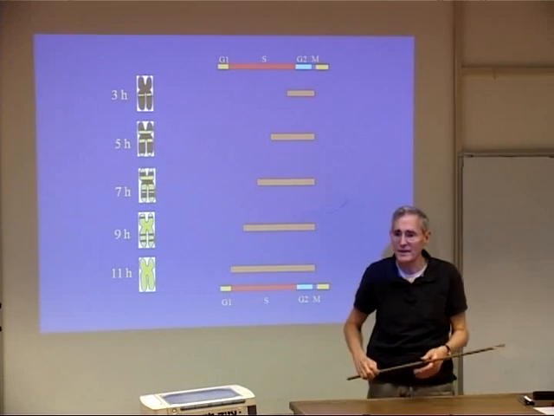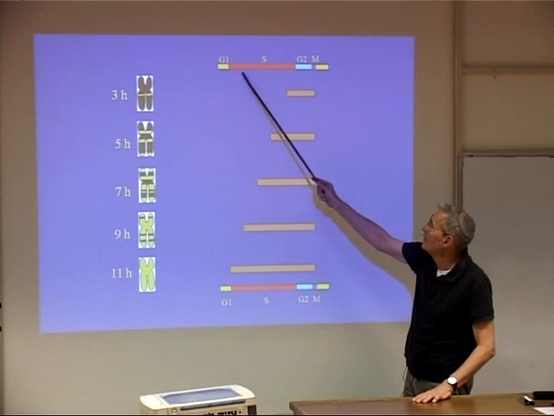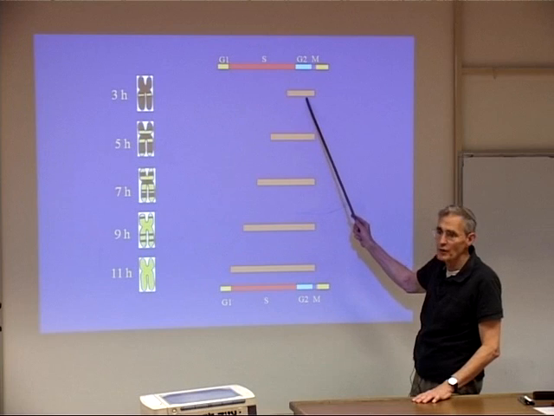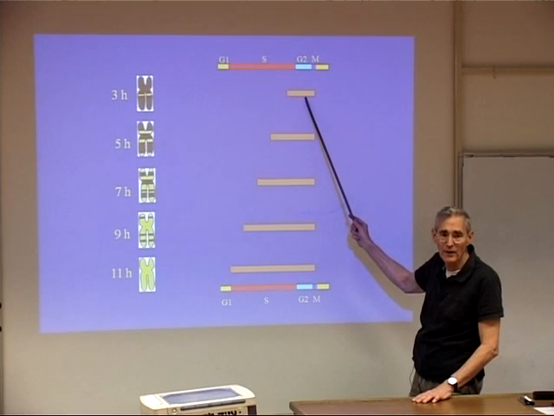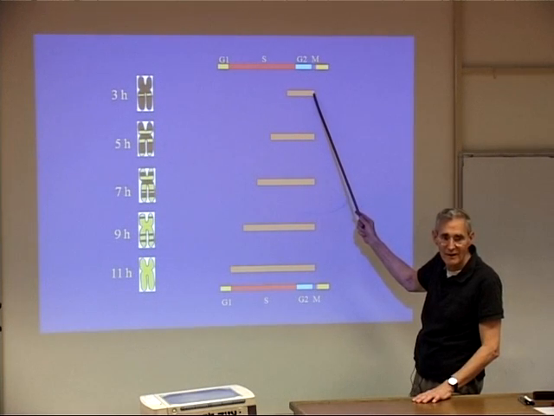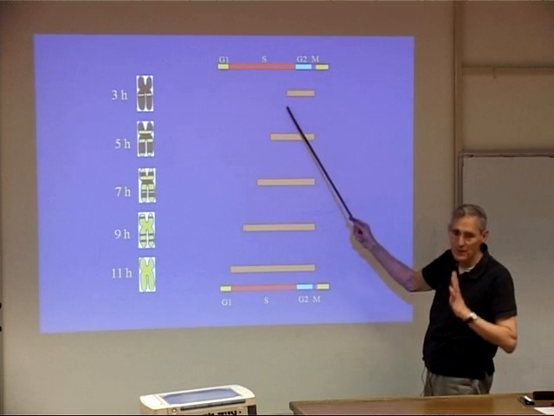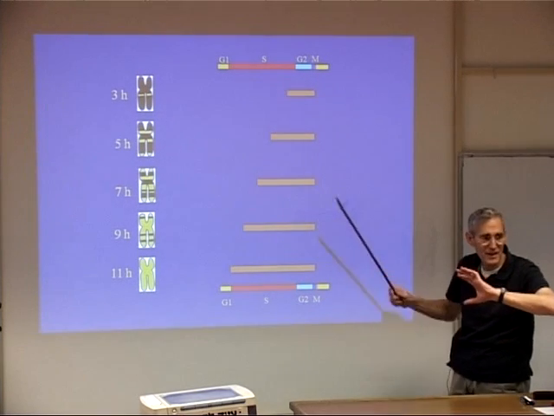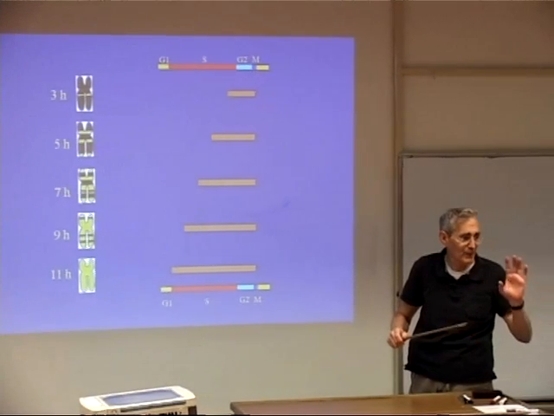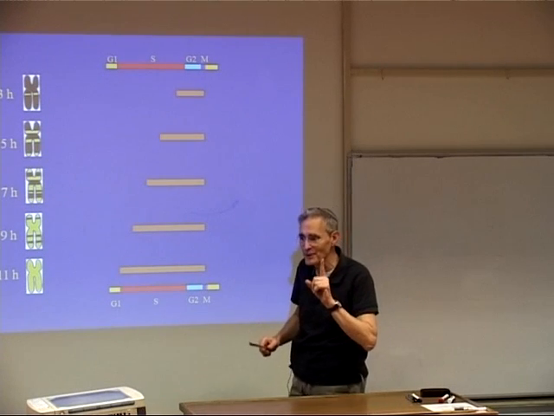Okay? And you can see that in this experiment where you take cells and you label them with BrdU for 2 hours, and then after the labeling period, you immediately look at cells in mitosis. So if I do that experiment, take cells that are not synchronized, I label for 2 hours, but then I only look at cells in mitosis.